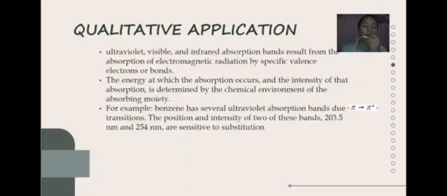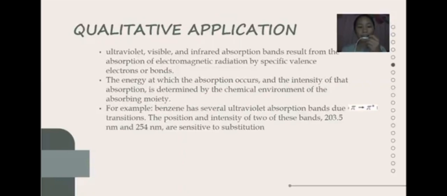For example, benzene has several ultraviolet absorption bands due to pi to pi star transitions. The position and intensity of two of these bands, at 203.5 nanometers and 254 nanometers, are sensitive to substitution. So we can identify functional groups or confirm the identity of a compound by matching the absorption spectrum.